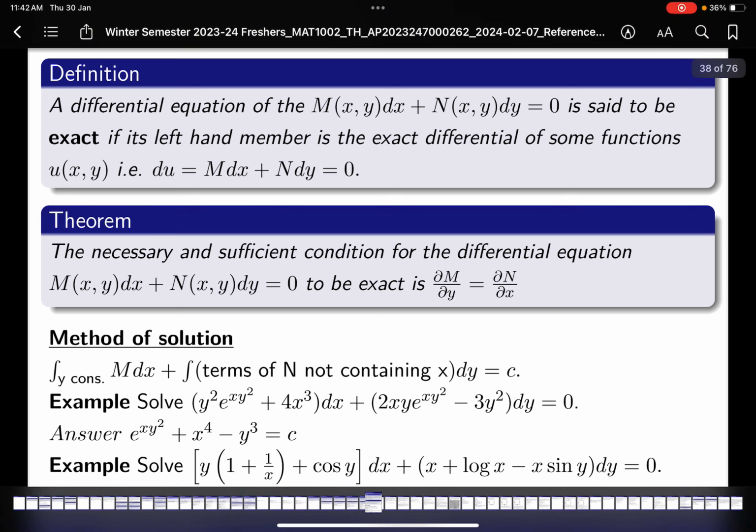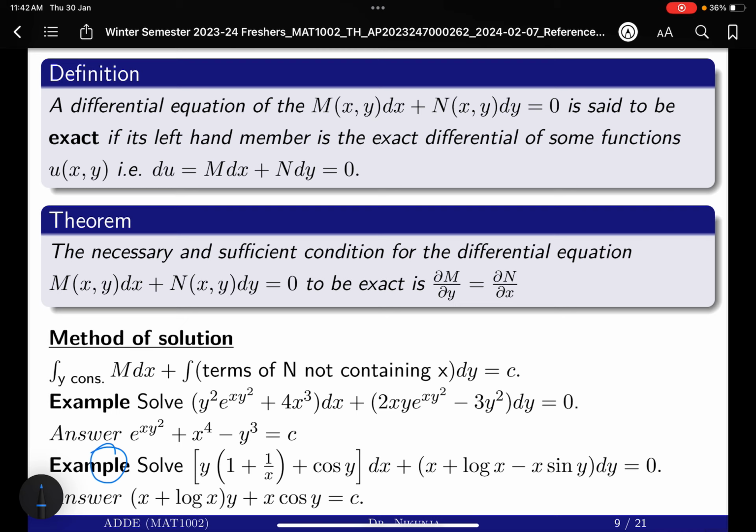And here is another problem I have stated, so you can write down this question and try to solve it. That is this question, M dx plus N dy. You need to find del M del y and del N del x. You will see both are the same.